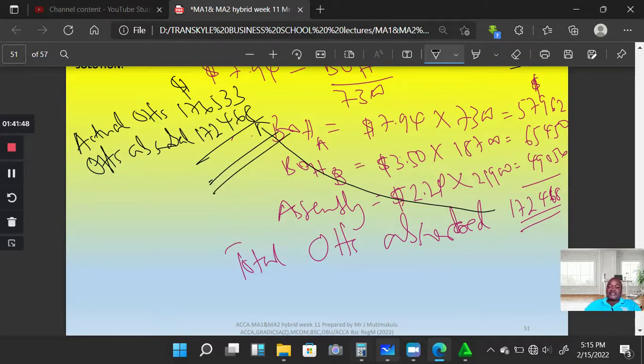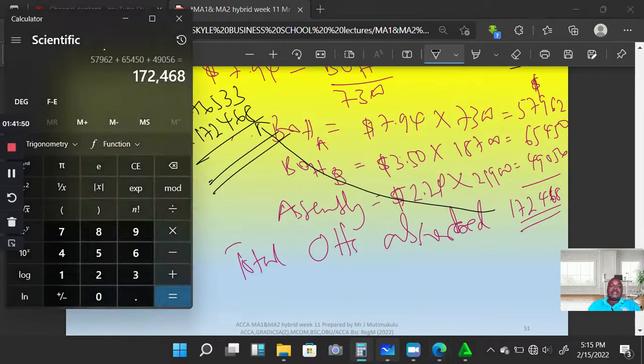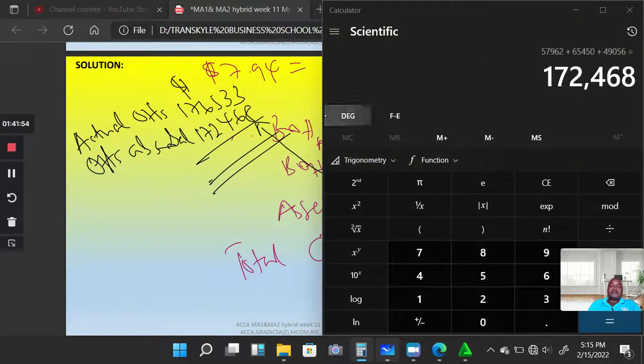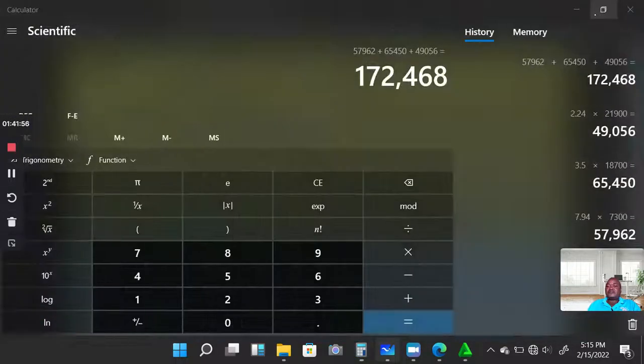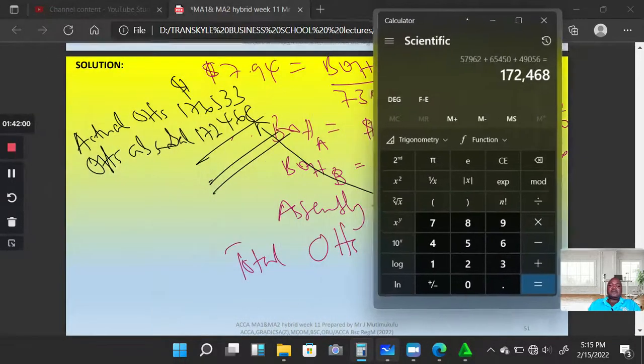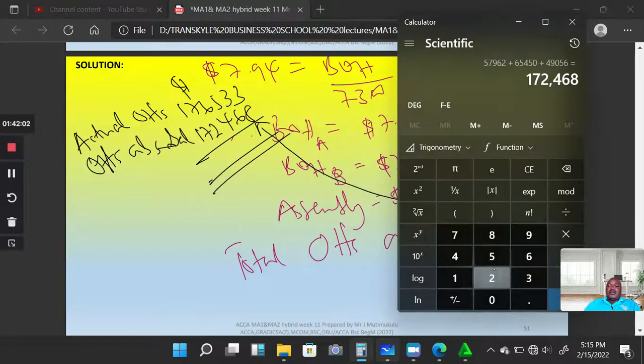Let us find the difference. What is the difference? The difference, 176,533, the actual, minus 172,468.